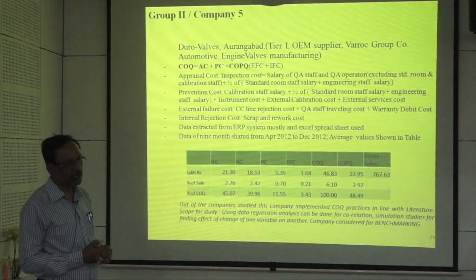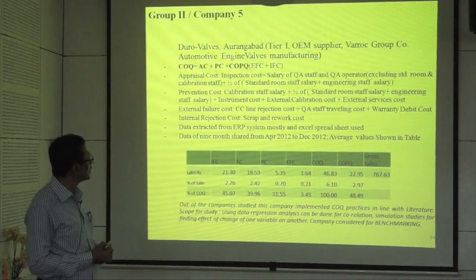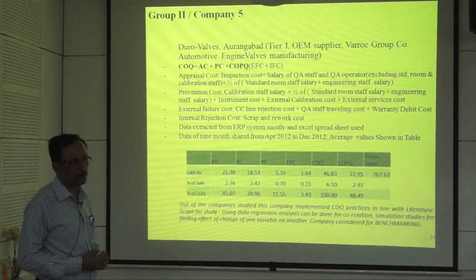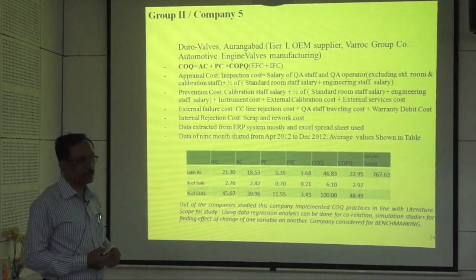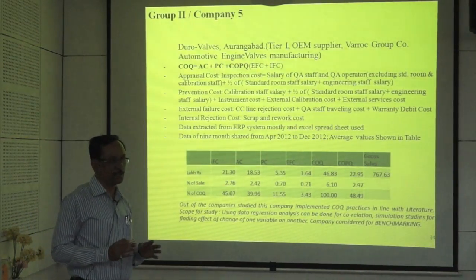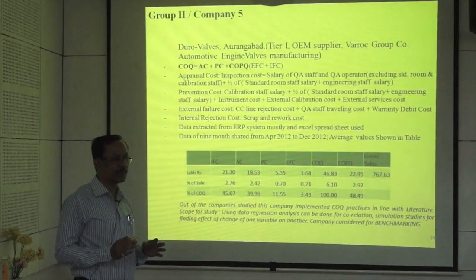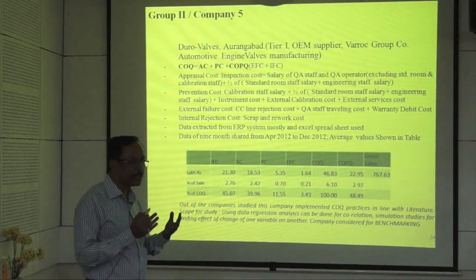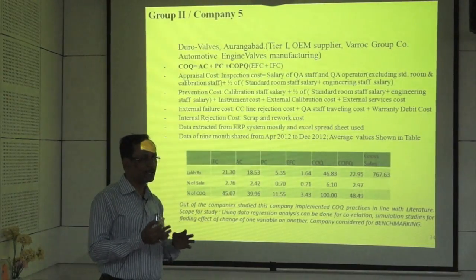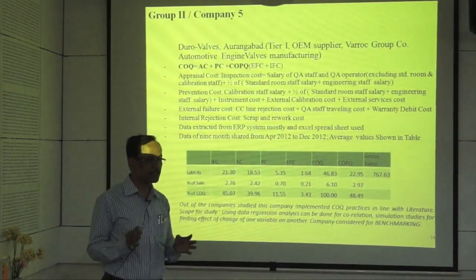They have all 4 elements: AC, PC, EFC, IFC, and they have given this new approach: appraisal cost and prevention cost. The basic problem in this cost appropriation is the payroll cost. For a person working in the quality department, how much of his efforts and cost incurred by the company on him is one approach to proportionately distribute.